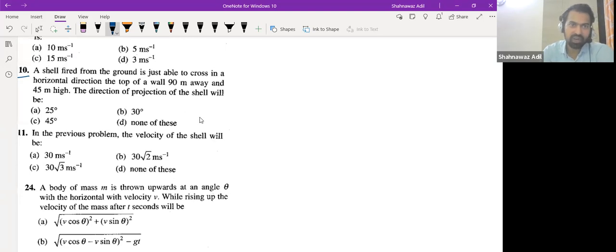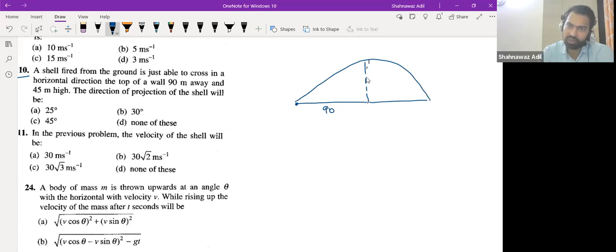A shell fired from the ground is just able to cross in a horizontal direction the top of a wall 90 meters away. So this is the shell, and this is the wall 90 meters away, and it crossed the wall and reached here, right?